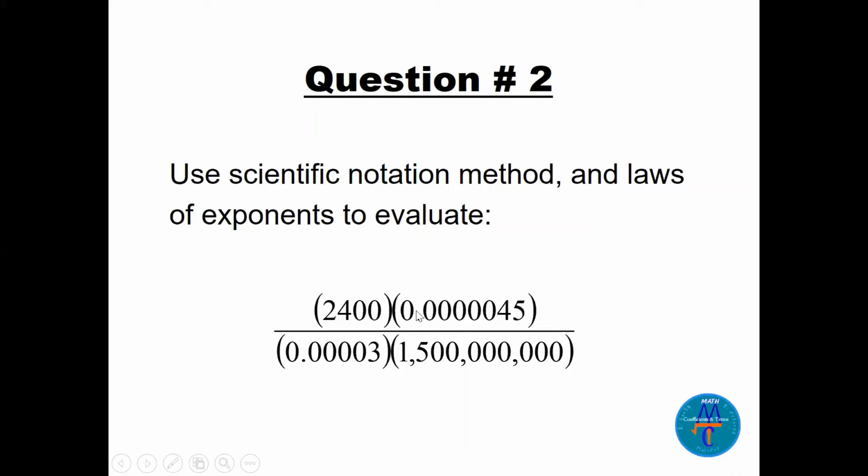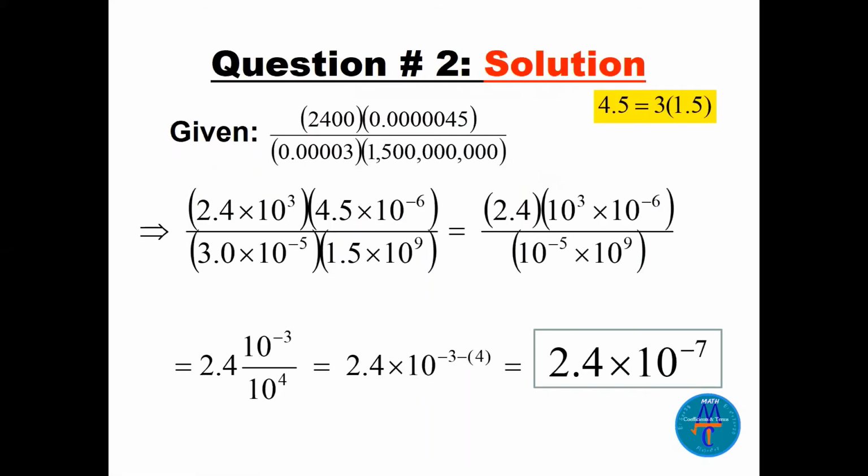It's better not to use a calculator here, because it can multiply and divide and give you even scientific notation, so you're not practicing. Change each number to scientific notation, then multiply up, multiply down, then subtract the powers. The answer for this one will be 2.4 times 10 to the power minus 7.